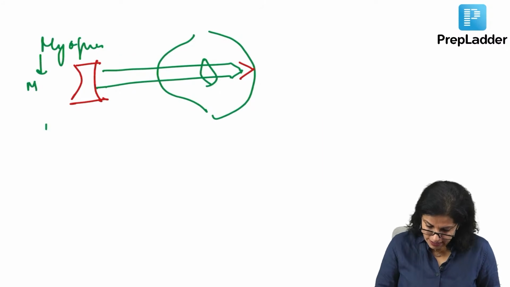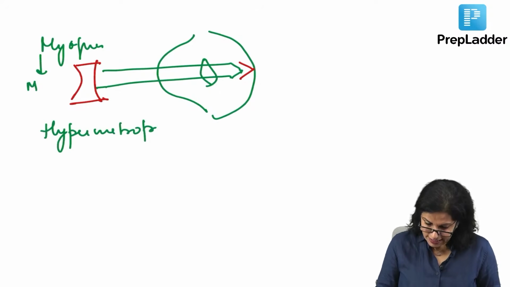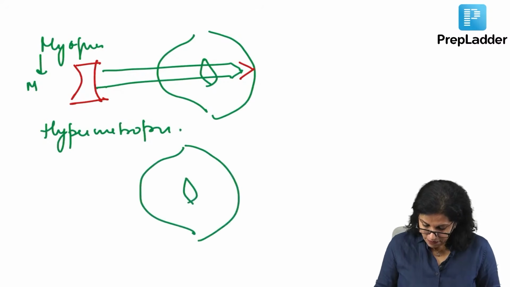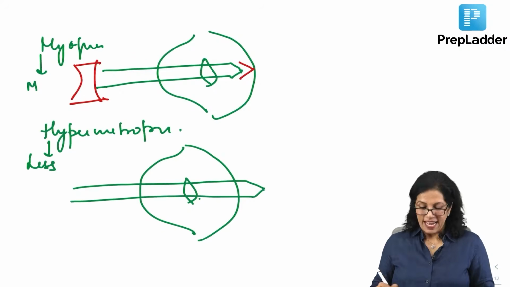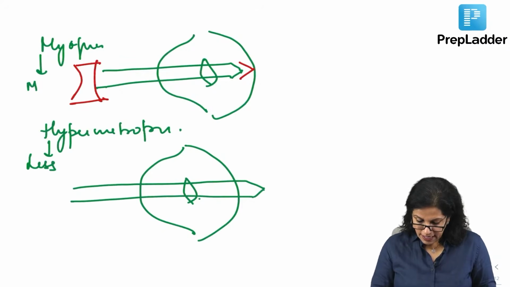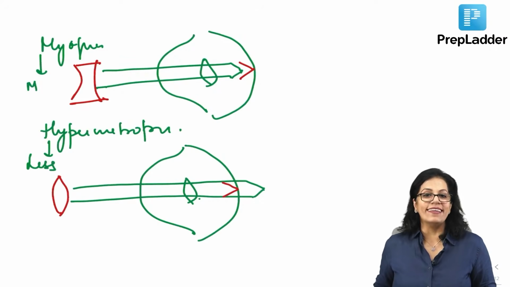Let's quickly revise hypermetropia. Hypermetropia is just the opposite. This time the eye is small and has less power, which means the focusing does not happen on the retina, it happens behind the retina. Therefore this time we have to increase the power with a convex lens, and the focus will be on the retina.